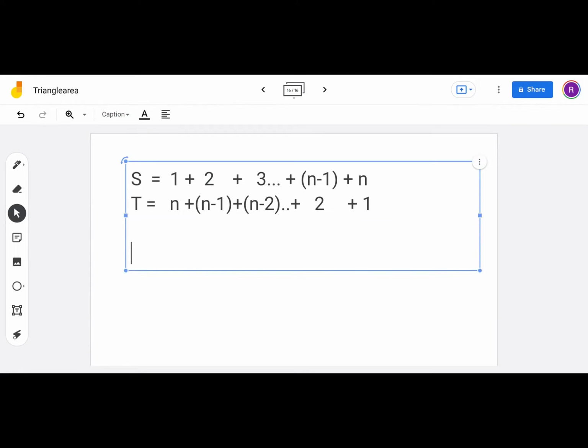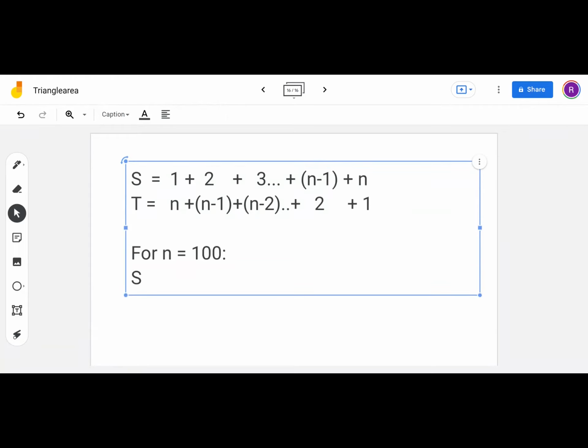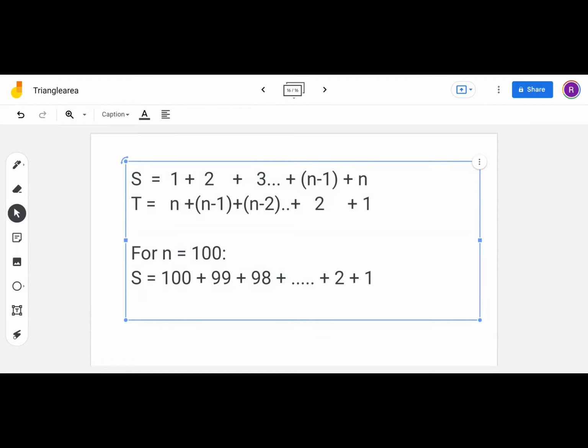So for n equal to 100, it is 100 plus 99 plus 98. Oh, sorry, I reversed it.